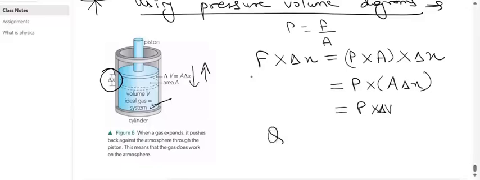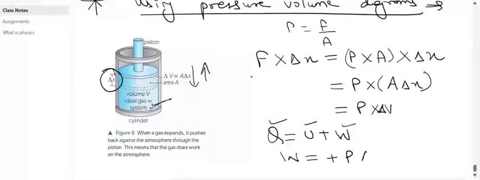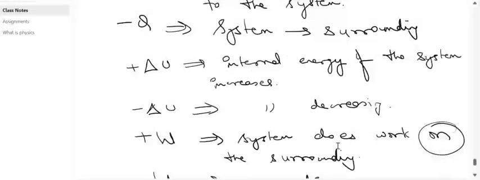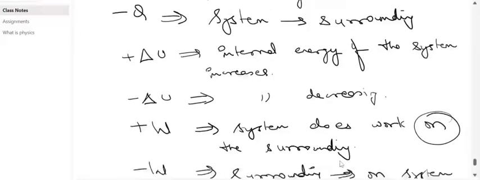So in terms of the first law of thermodynamics, which tells us that Q equals U plus W, where Q is the heat exchange, U is the internal energy and W is the work done, I can say that my work done is plus P delta V, because plus work done means the system is doing work on the surrounding.